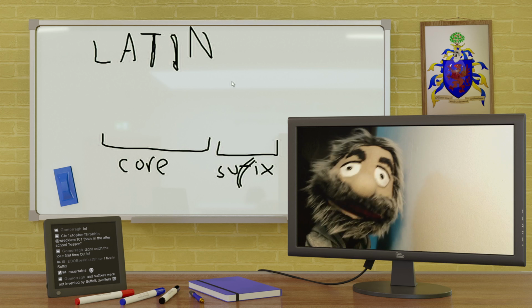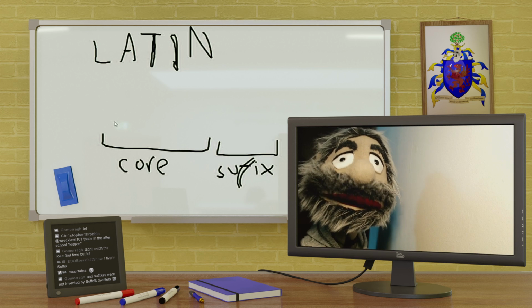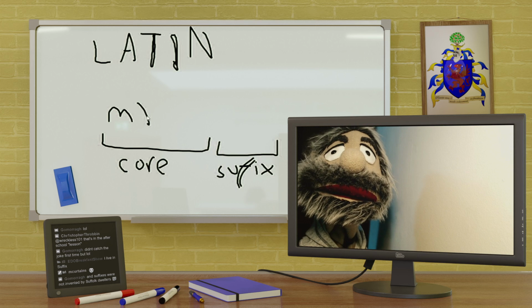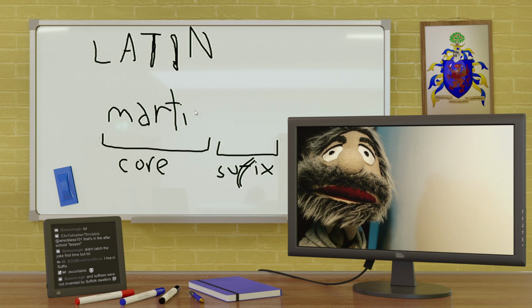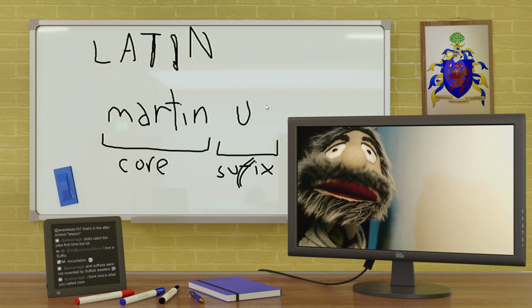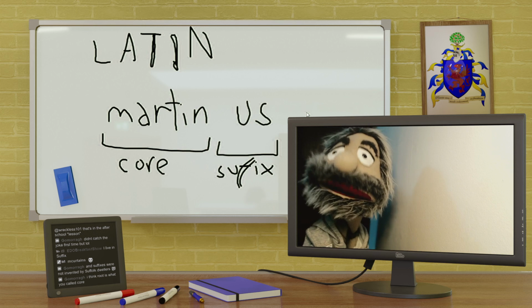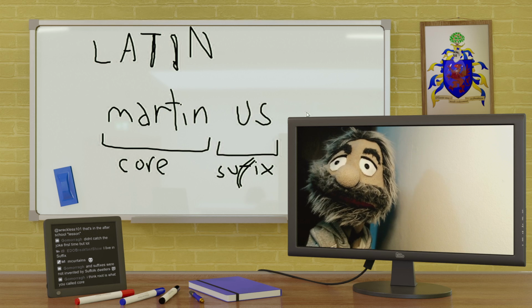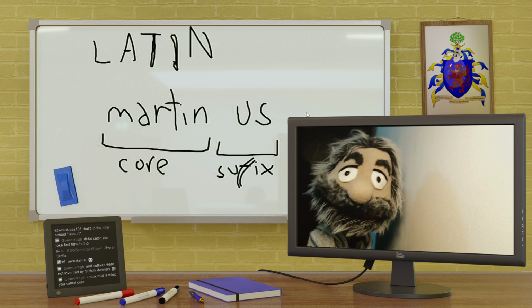So, in this particular joke, we have a Roman who has requested the noun martinus. So a noun ending in US, you see, martinus. And the bartender says, don't you mean a martini?